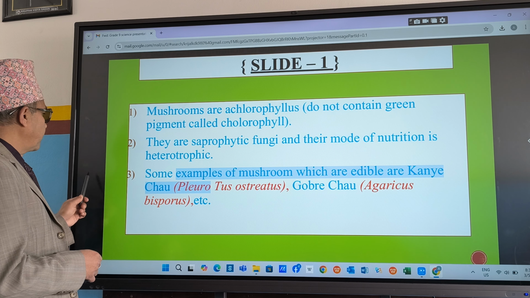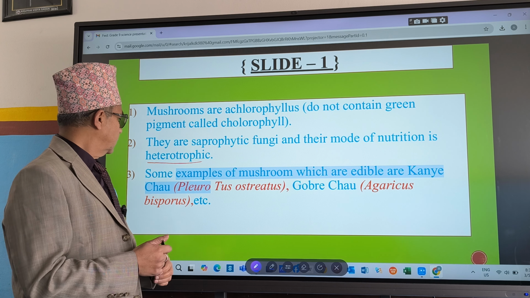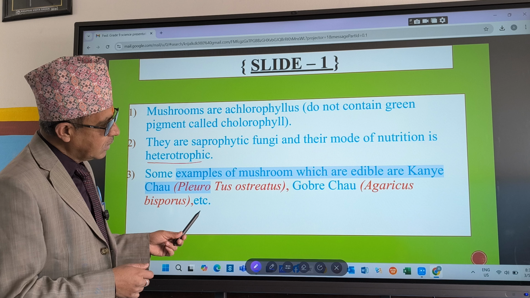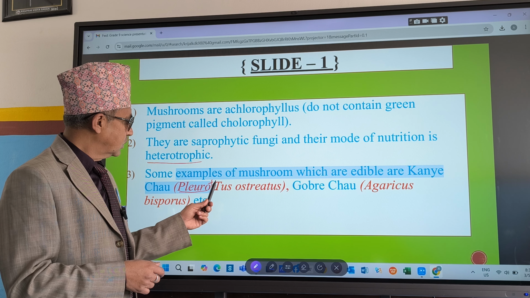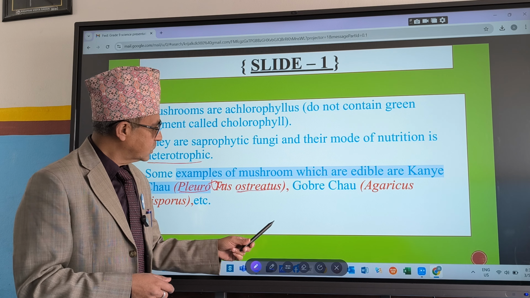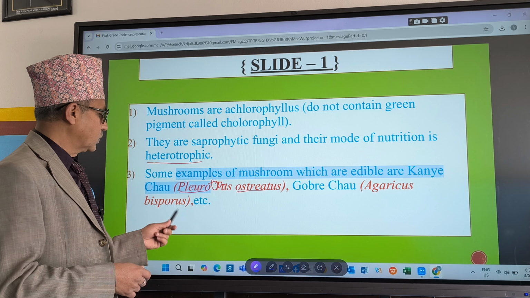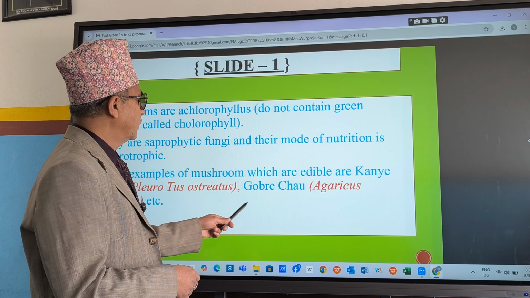What do you mean by heterotrophic? They depend upon others, right? And what are the examples of edible mushrooms? Pleurotus ostreatus, Agaricus bisporus. Their names must be kept in mind, right?